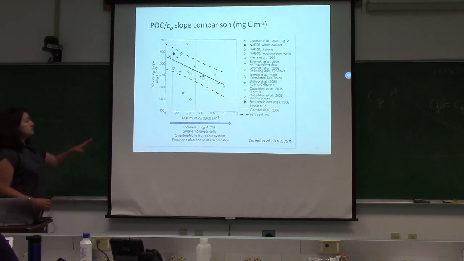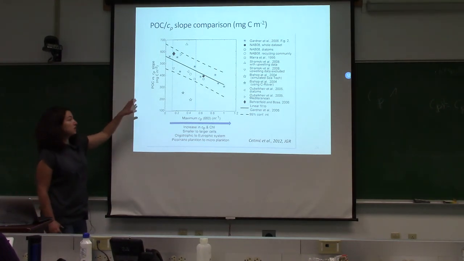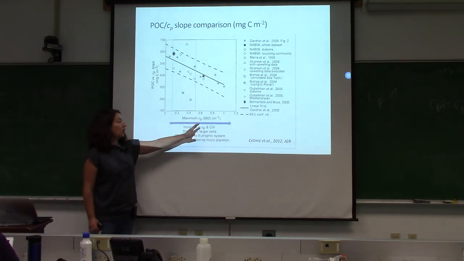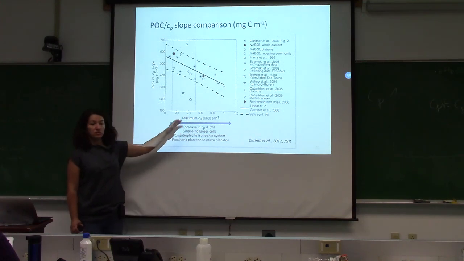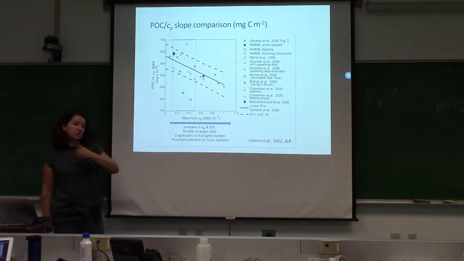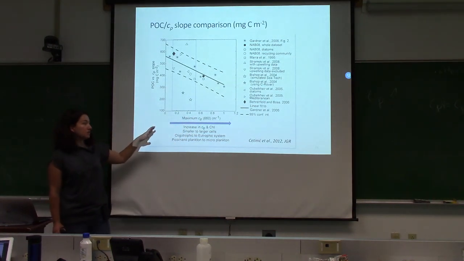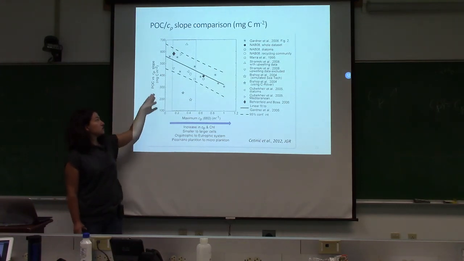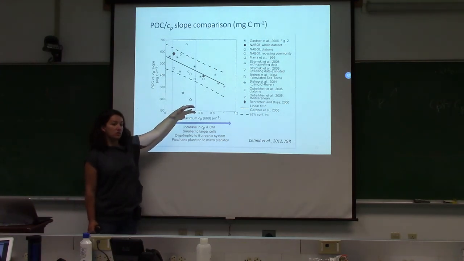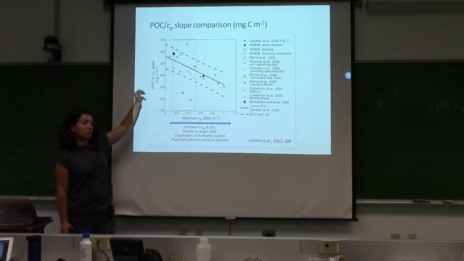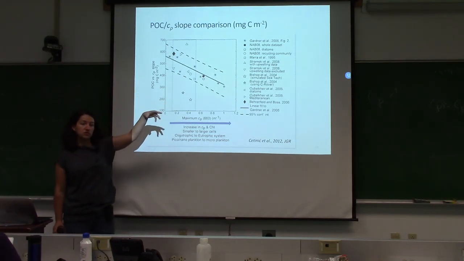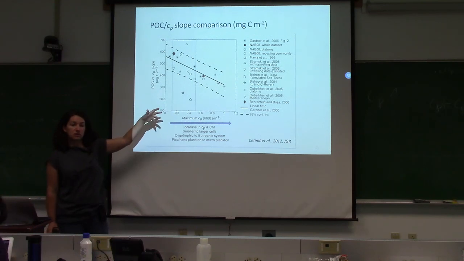What I've seen is that the slope of this relationship is highly dependent on the type of particles I'm encountering in the open ocean. If I'm seeing larger particles, the slope is going to be lower than with smaller particles. If I'm in oligotrophic systems and switch to eutrophic systems, that's going to change again.